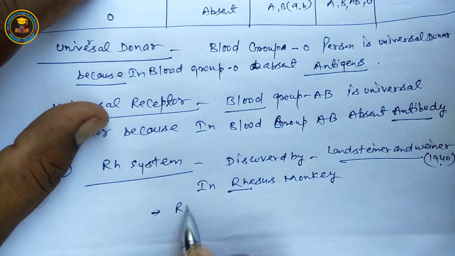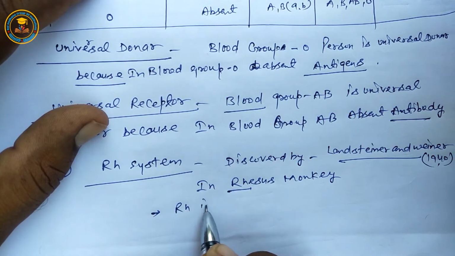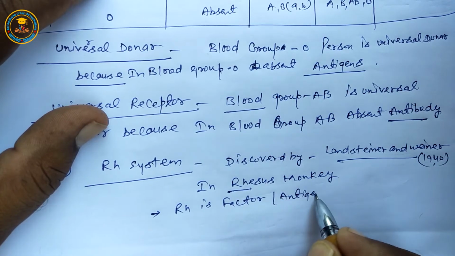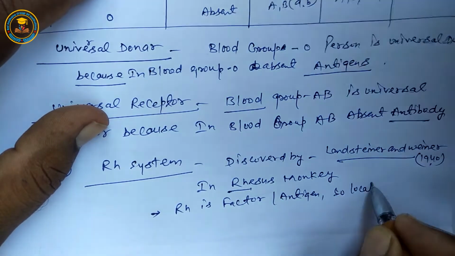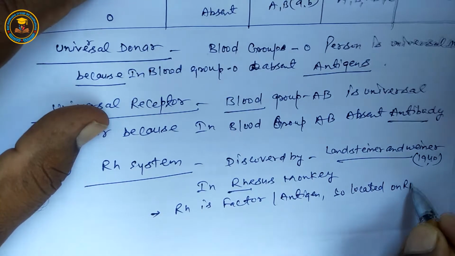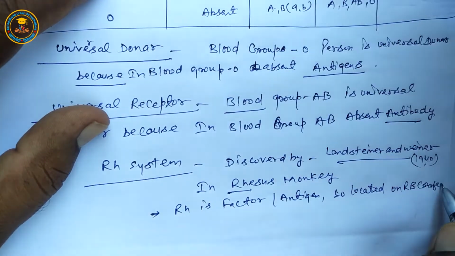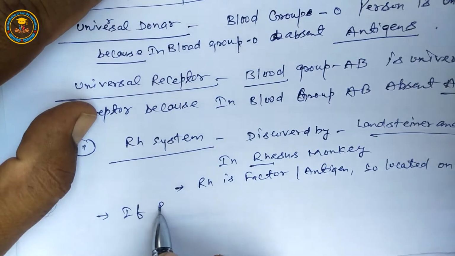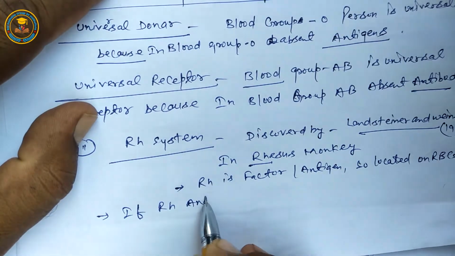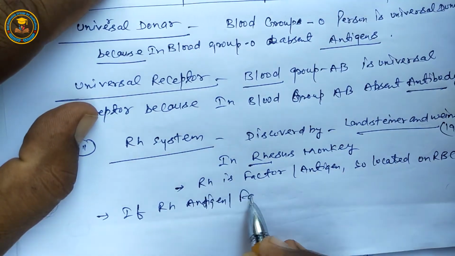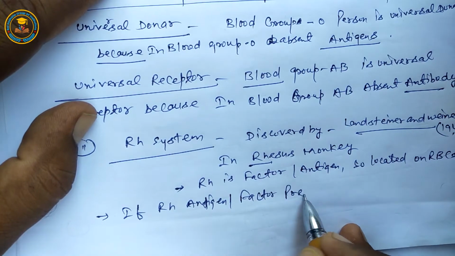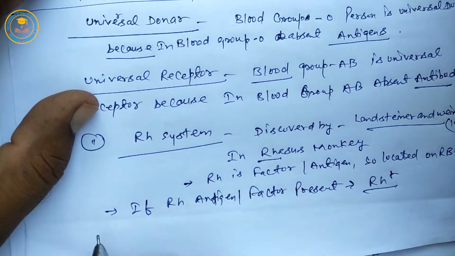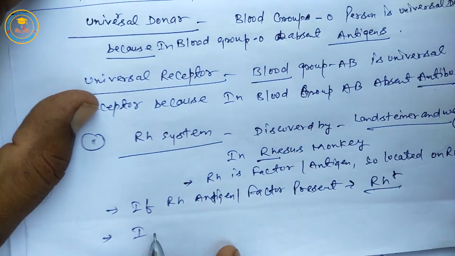Next, RH is a factor or antigen located on the RBC surface. If RH antigen or factor is present, it is RH positive.